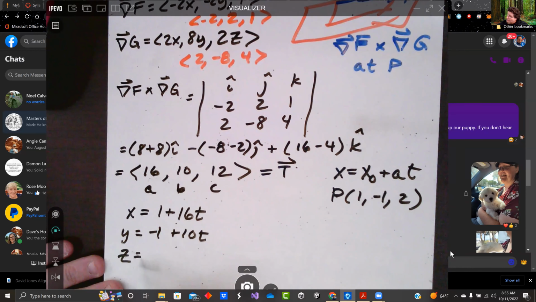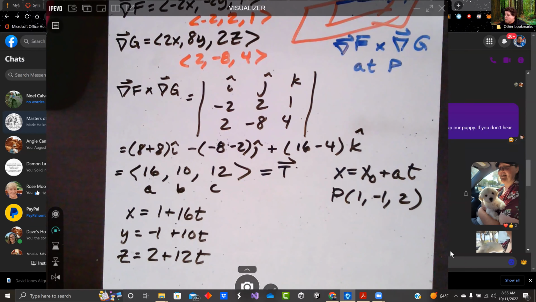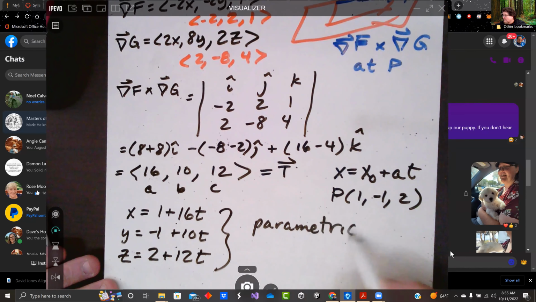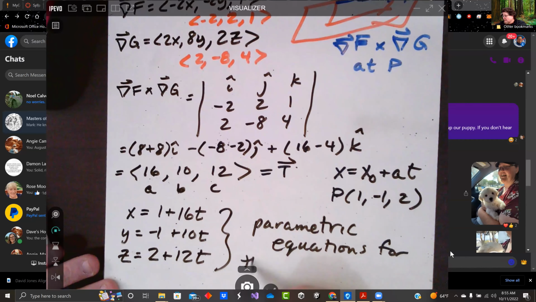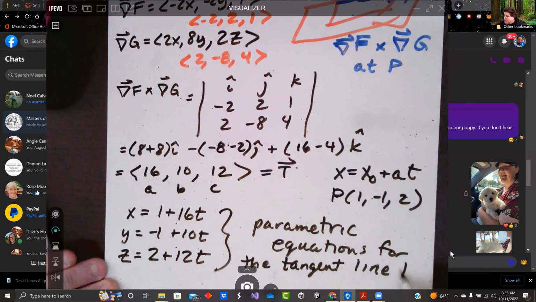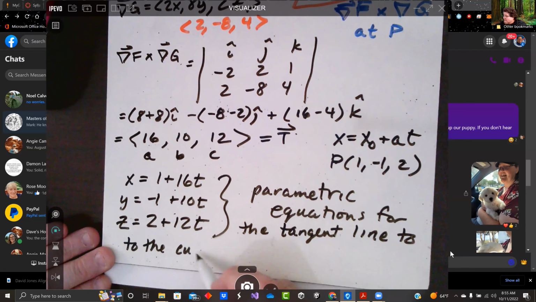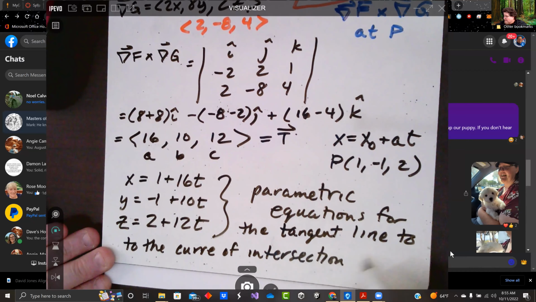And z equals 2 plus 12t. So these are the parametric equations for the tangent line to the curve of intersection of f and g at P.